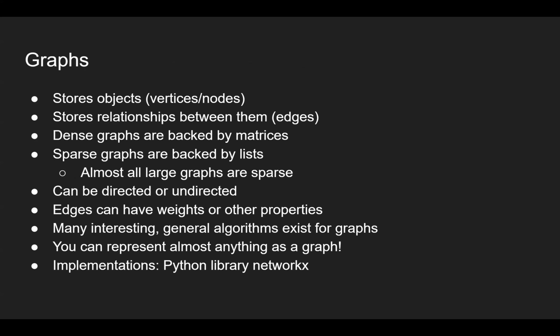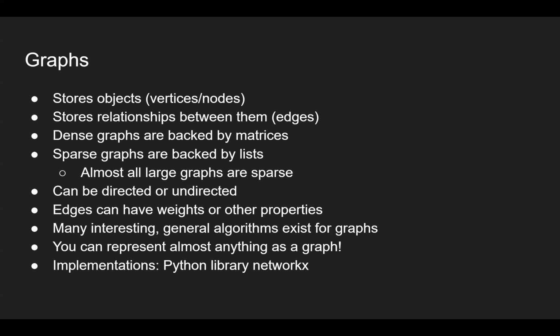A graph is a structure in which we want to store an object or an entity. It can be any object or entity. We also want to store relationships between those entities. That's similar to the object-relational model, like in a SQL database, and you could represent a graph in a SQL database.